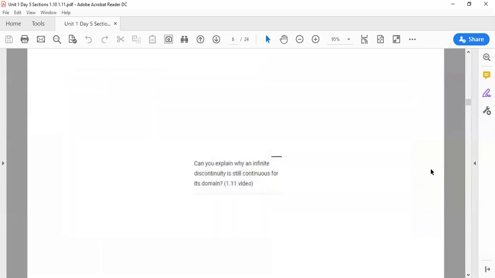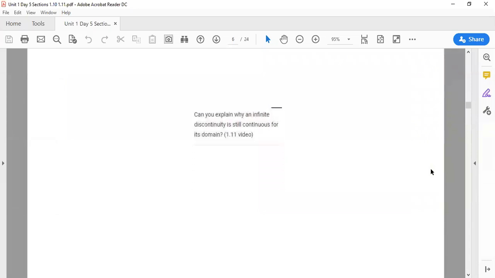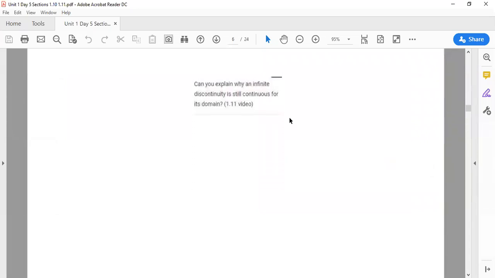Can you explain why an infinite discontinuity is still continuous for its domain? This is Padlet question 3, but it's pretty much the same idea, and I want to go through this in depth. If I have a vertical asymptote and the function approaches like that and like that, then on its domain, there's a right and a left.